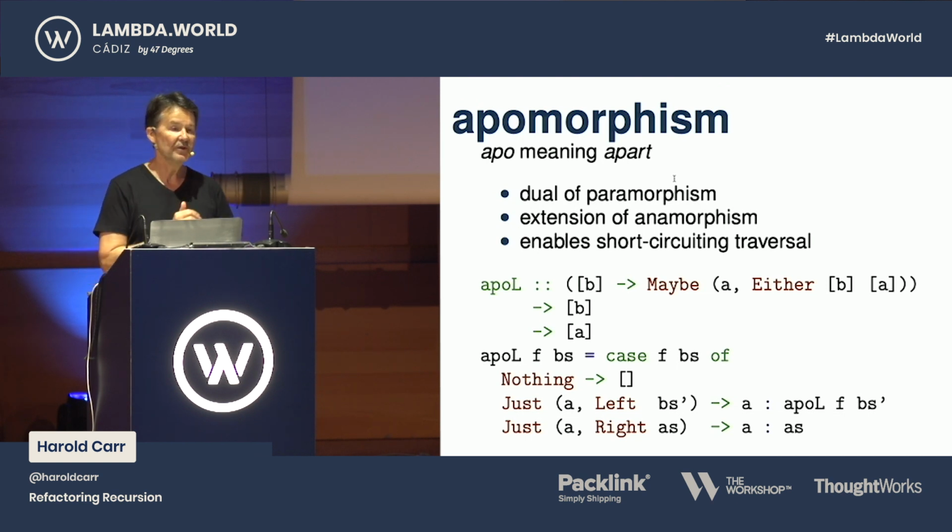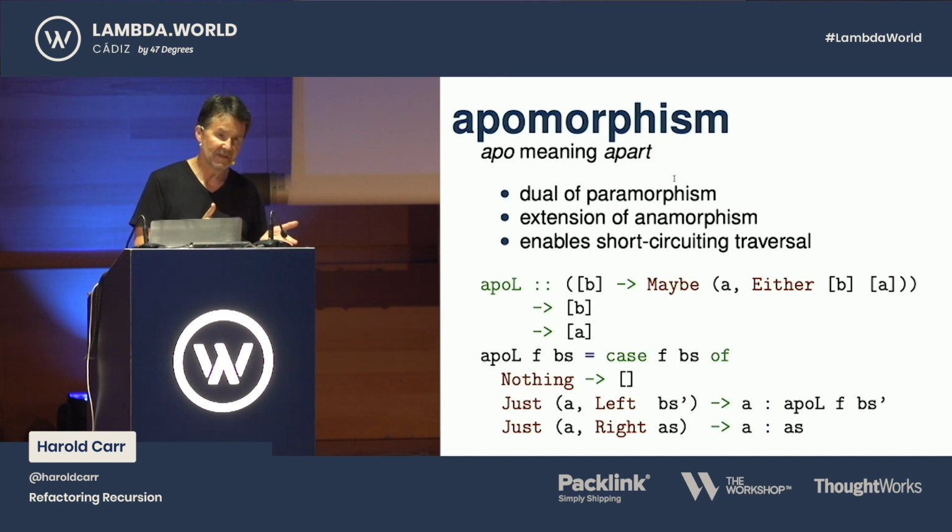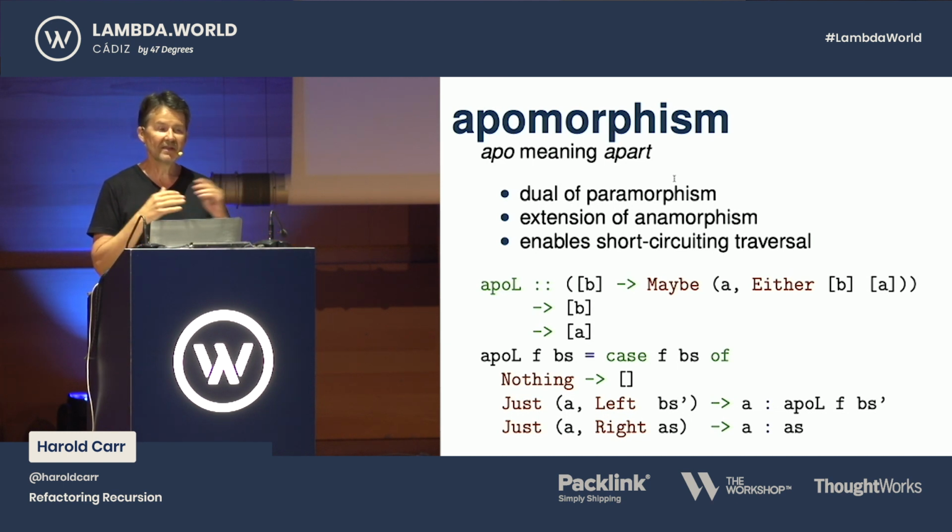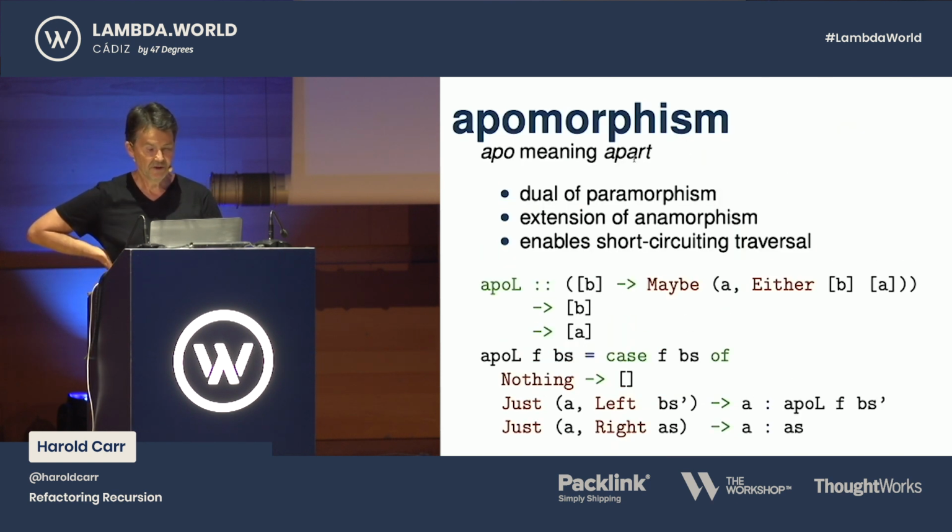By short circuit I mean when you get to a certain point, depending on the coalgebra you give it, you can say, I don't want to iterate anymore. I want to bail out. Basically break in Java or C or whatever. So what it says in the definition is, I run the coalgebra. If I get back an A with a left, that's just like what we had before with anamorphisms.